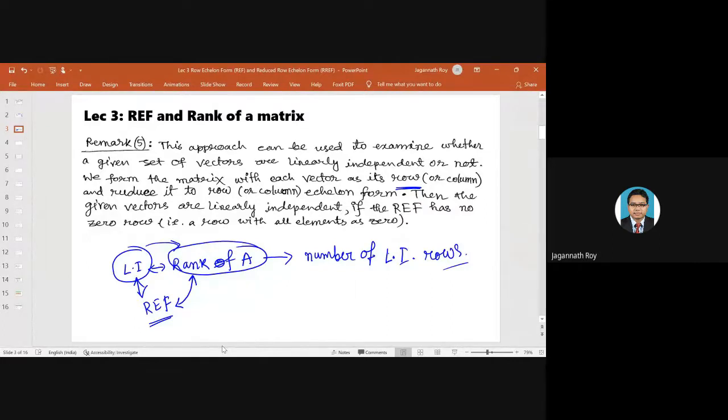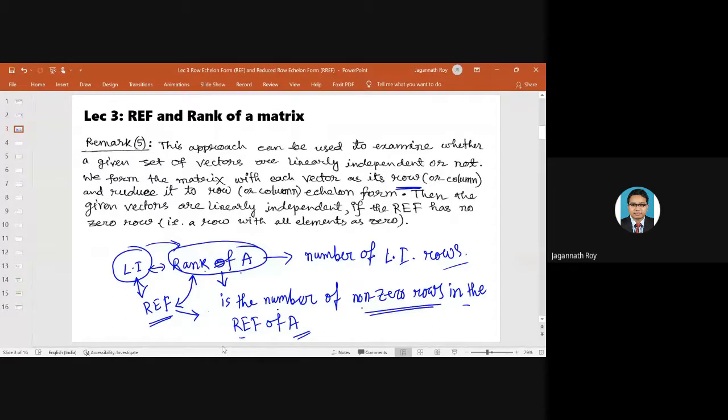The row echelon form says that the rank of a matrix is the number of non-zero rows in the REF, the row echelon form of A. So rank of A is equal to the number of non-zero rows in the row echelon form of the given matrix A. This is how we relate the idea of row echelon form and the rank of a matrix.